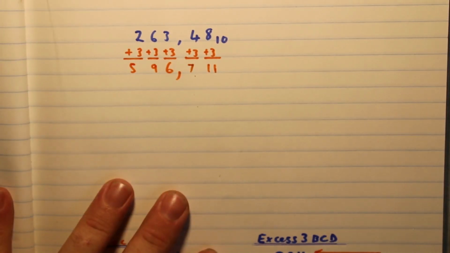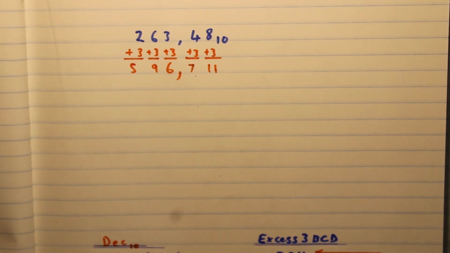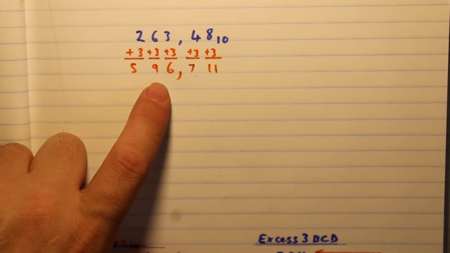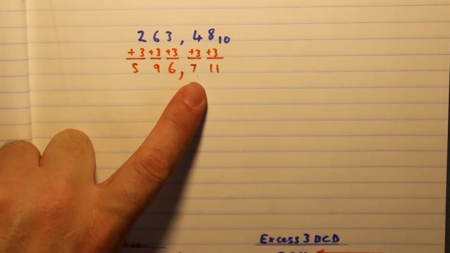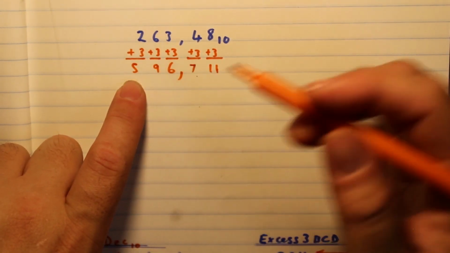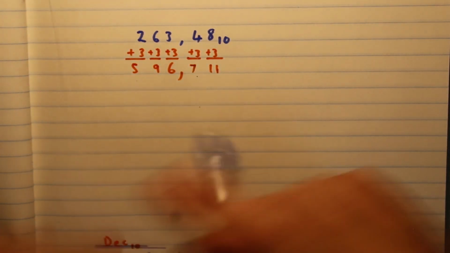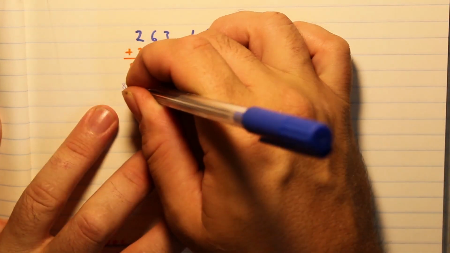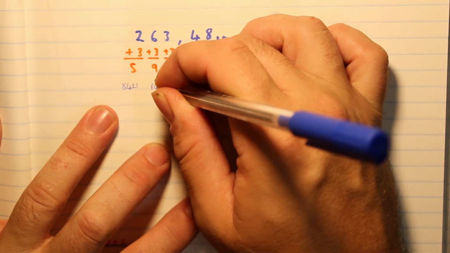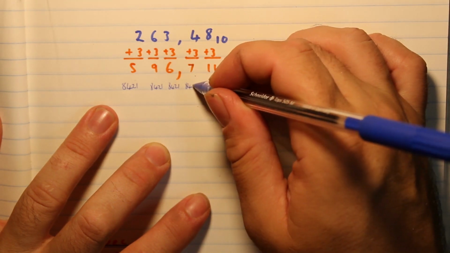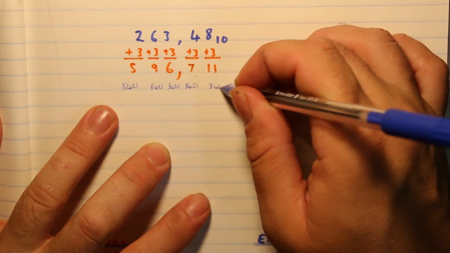Alright, so now what we do is we're going to use 8421, and we're going to convert these numbers into binary. Let me write here 8421, 8421, 8421, 8421, 8421.